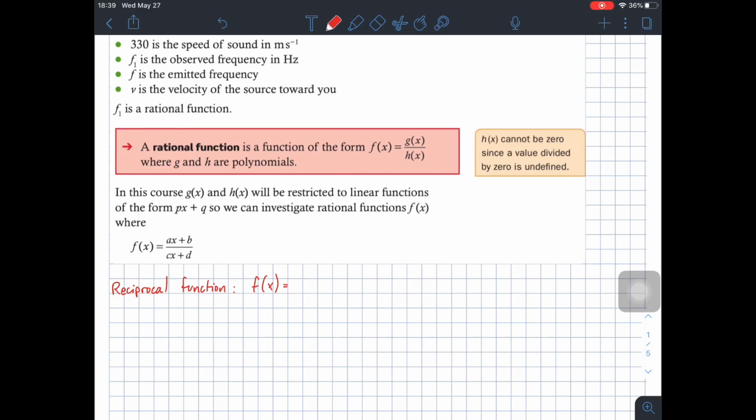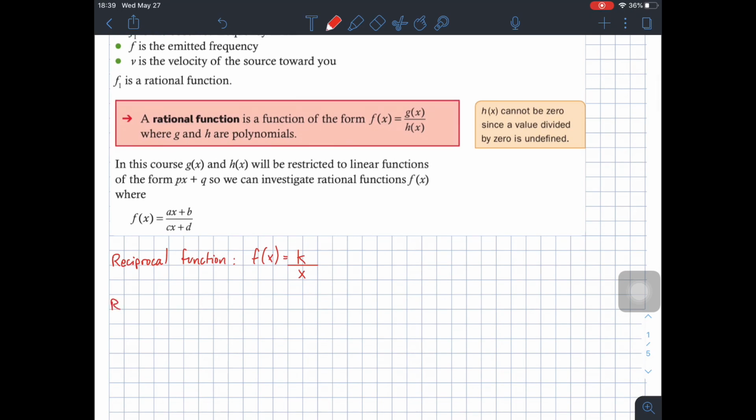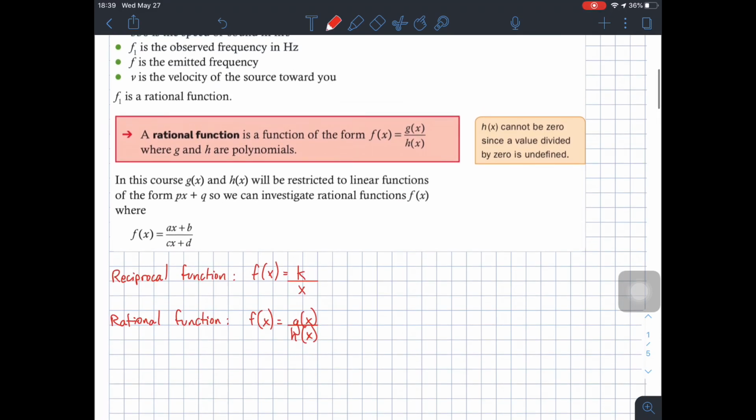K over x, while a rational function would be f of x equals g of x over h of x.